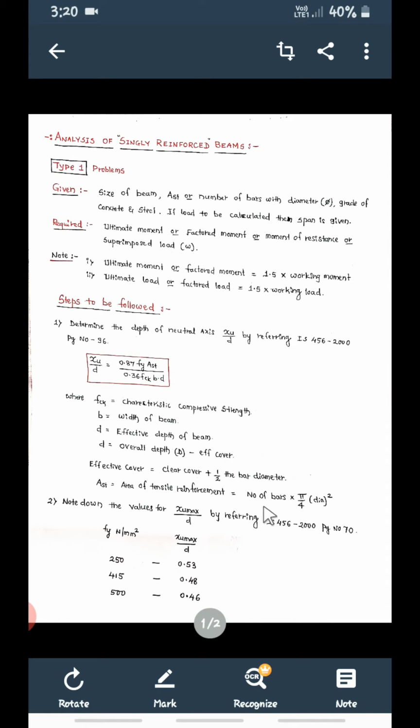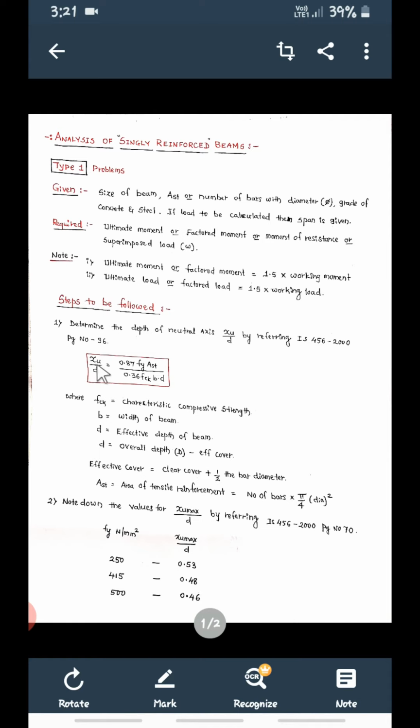Ast is equal to the number of bars into the area of one bar. Suppose 4 bars of 16 mm diameter are given. Then the number of bars is 4, and the area of one bar is pi by 4 d square, since it is a round bar, where d is the diameter. So pi by 4 into 16 square into the number of bars will give the total Ast. So this is the first step, important.